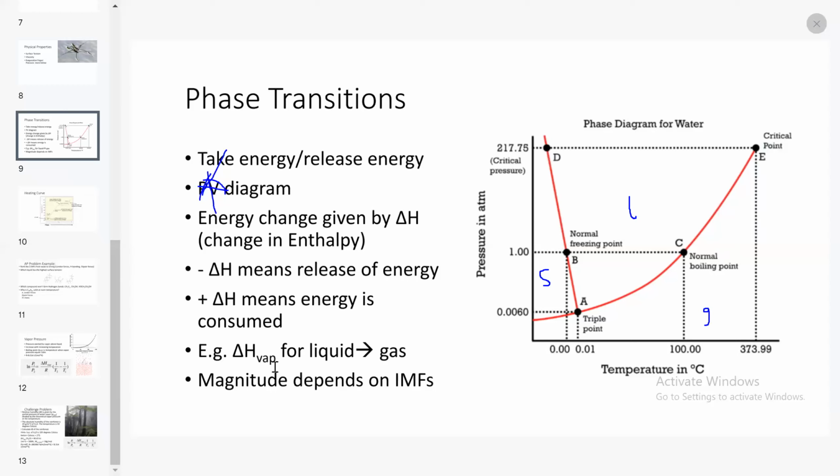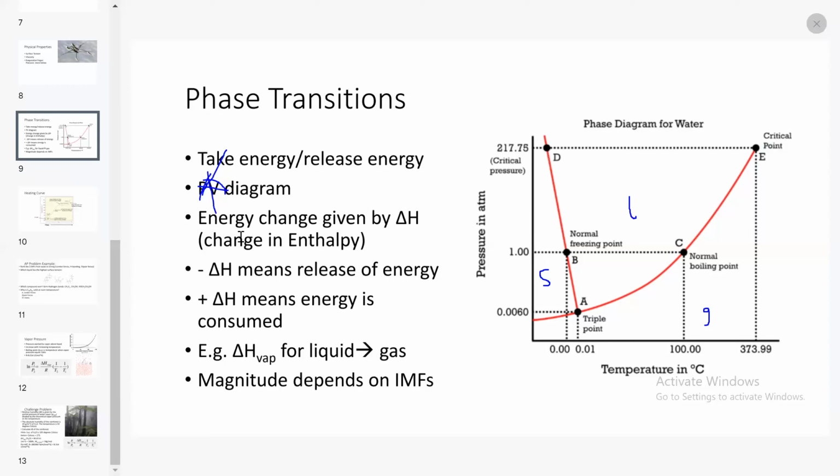Let's do one example. Let's look at the liquid to solid transition. Imagine we're taking some water and we're freezing it. What do you think the value of delta H for that is going to be? What's the delta H of freezing?